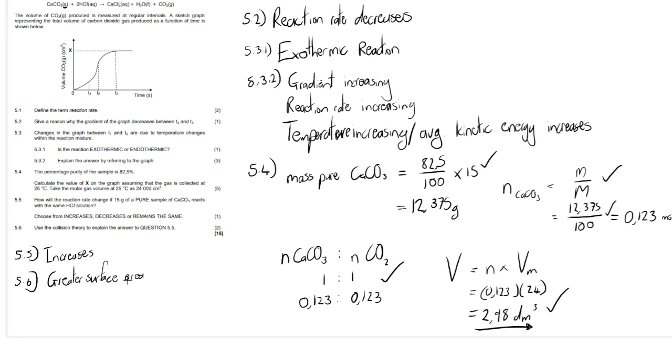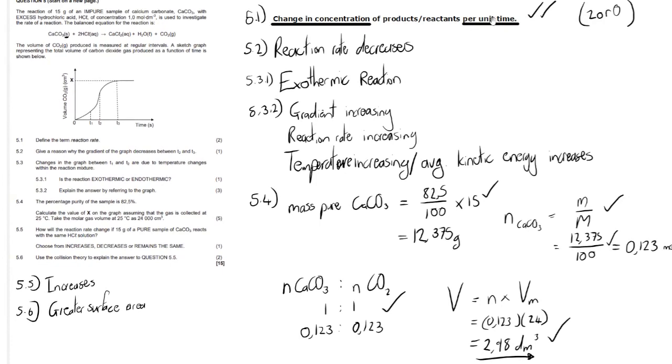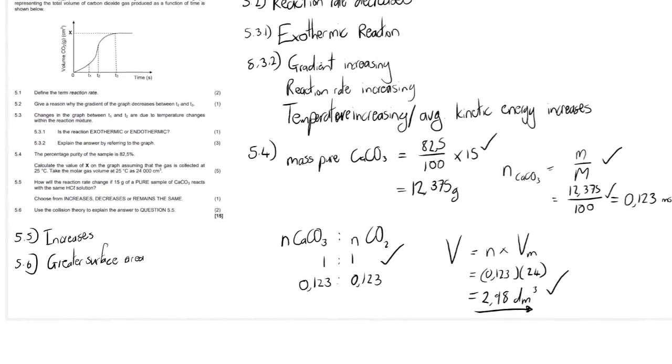Right, and then from this, we say that there will be, using collision theory to explain an increase in reaction rate. And again, remember the reaction rate is change in concentration per unit time. And so if we miss out on mentioning per unit time, that's going to be important.